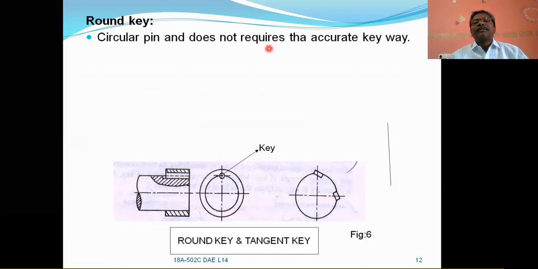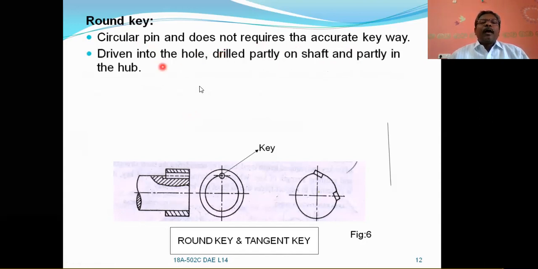It does not require an accurate keyway, and is driven into a hole drilled partly in the shaft and partly in the hub. Because it is a sunk key, this is the round sunk key, fitted half in the shaft and half in the hub of the mounting.